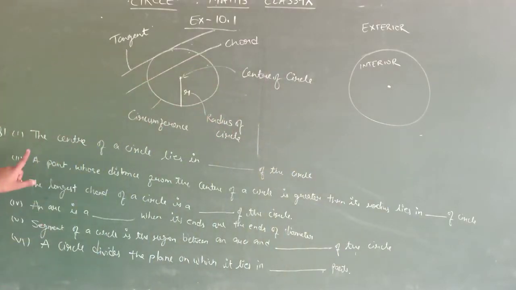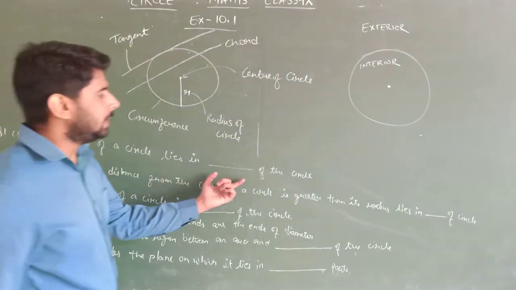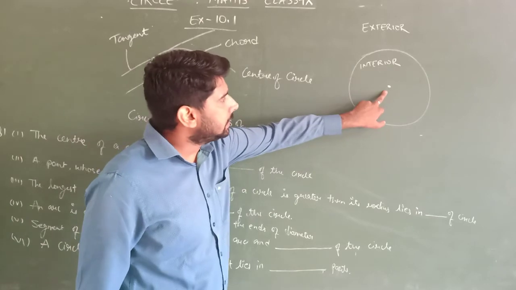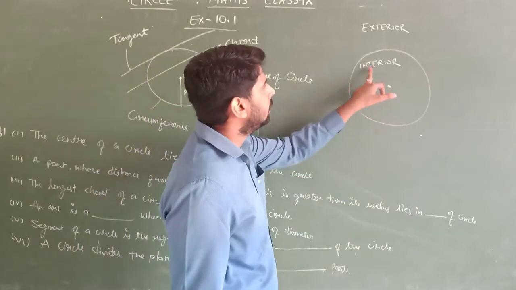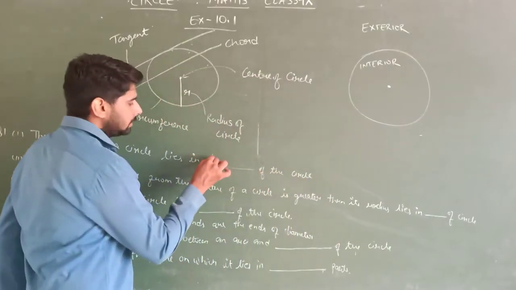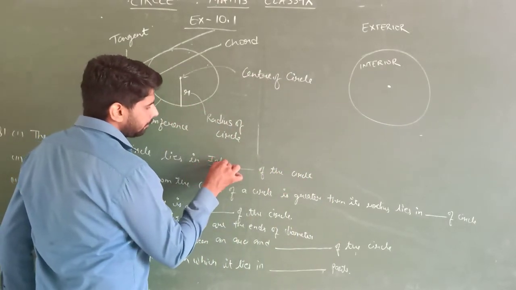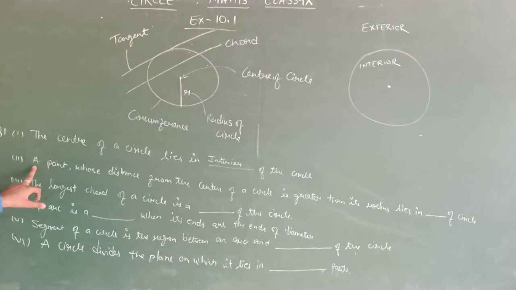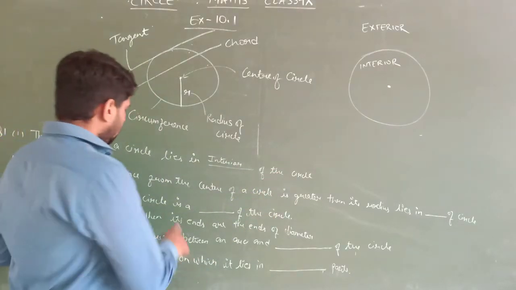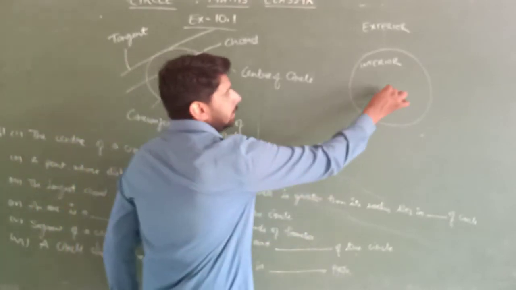So the question is that the center of the circle lies in dash of the circle. Center circle के interior or exterior? Yes, center is interior. So the answer is, write it down, interior of the circle.